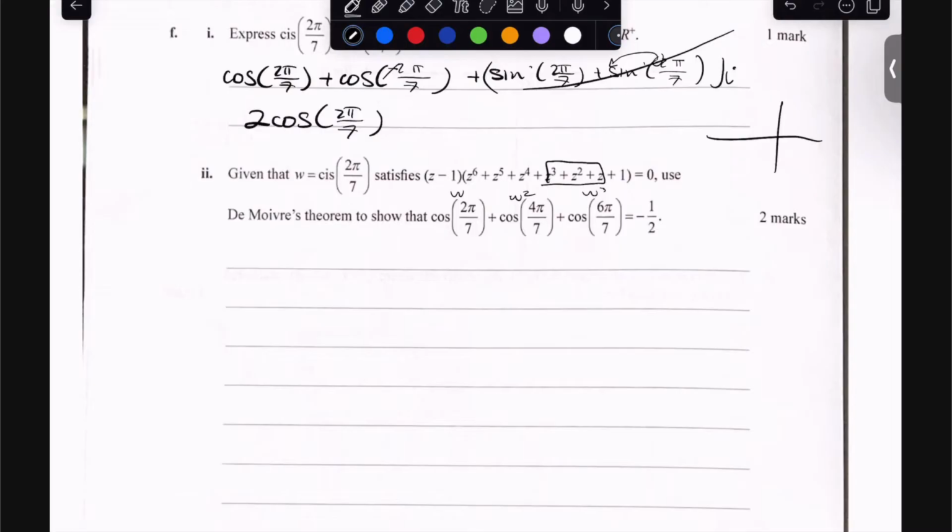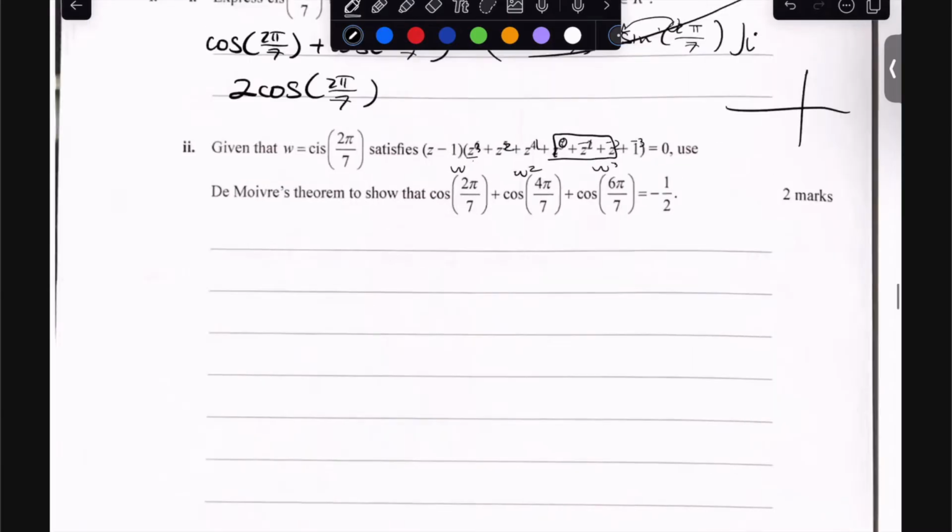But there's actually some symmetry here, because if you divide everything by z cubed, the powers go 3, 2, 1, 0, then negative 1, negative 2, negative 3.